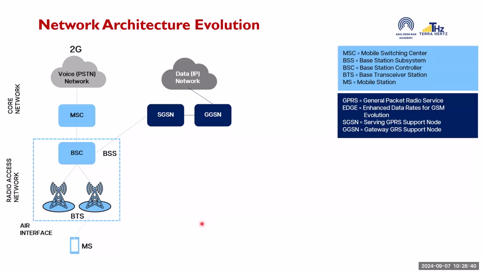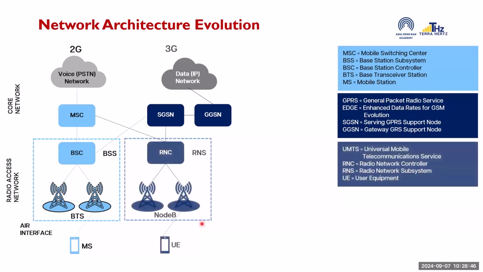But if you just want to tell the story in an interview, just draw this simple architecture. Okay? Now, what happened when 3G came? We just added an additional radio access network. We call the controller the radio network controller. UMTS means Universal Mobile Telecommunication Service. That's a 3G system.